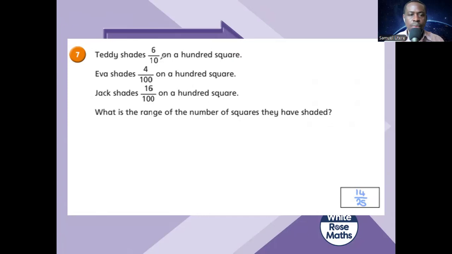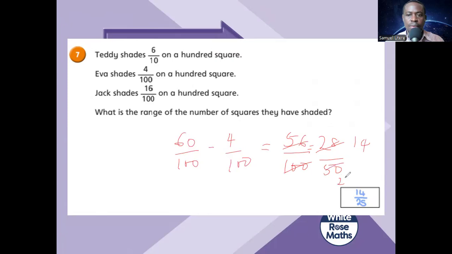If we have 60 hundredths, and then we have the smallest being 4. So this is 56. If we divide by 2 in the first instance, we're going to have 28. So we're simplifying. If we divide by 2 again, we'll have 14 out of 25.